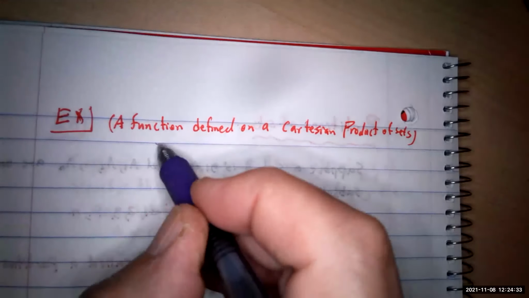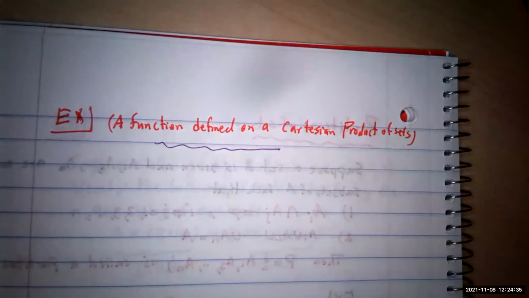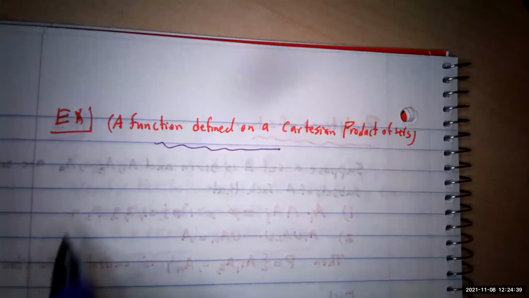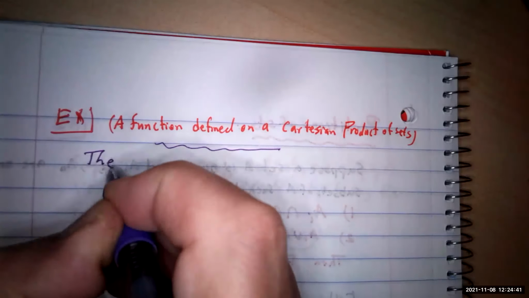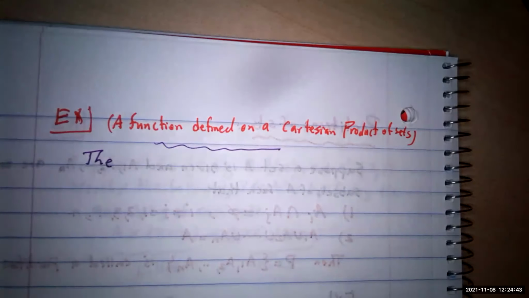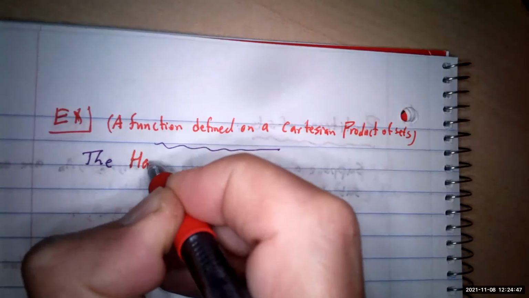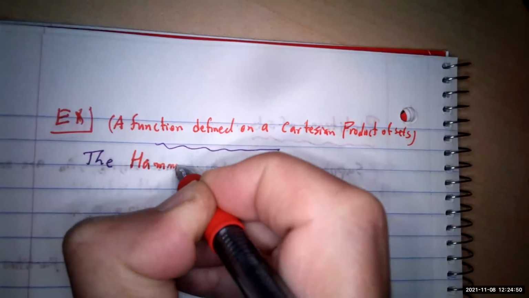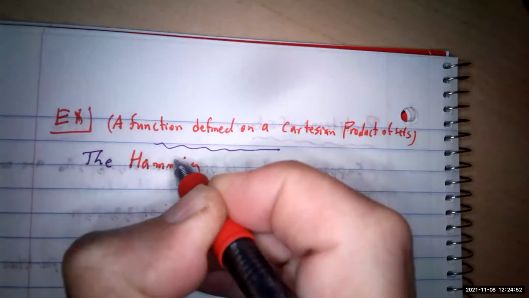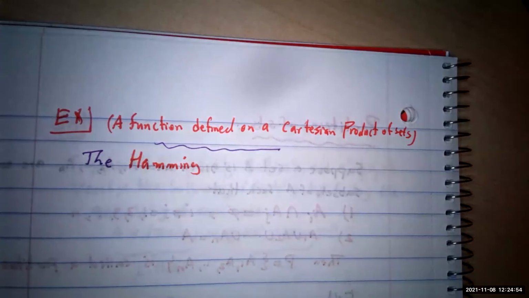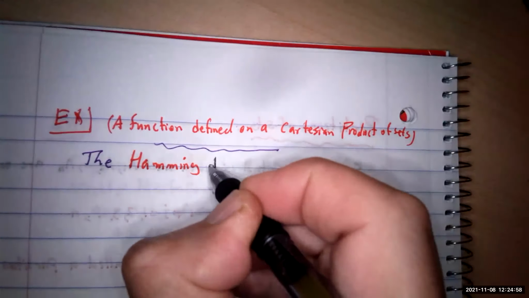Okay, so what is this function? This function is called the Hamming function, the name of the guy in your field. I don't know him, and I didn't get time to check this one, but this function is interesting. So they call it the Hamming distance function.